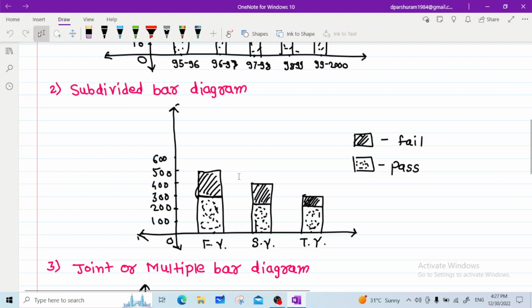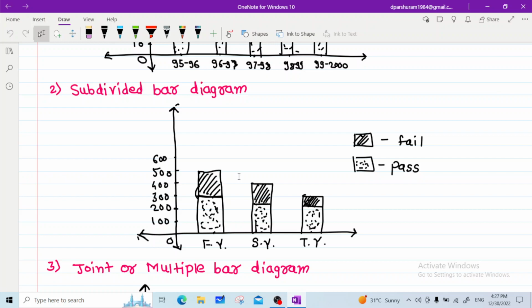For this subdivided bar diagram, there is a problem. Represent the following data using subdivided bar chart. In this problem, we are given some classes, that is FY, SY, TY, and their respective pass and fail students.